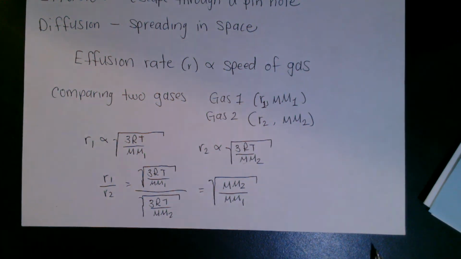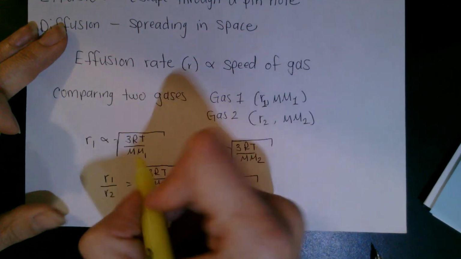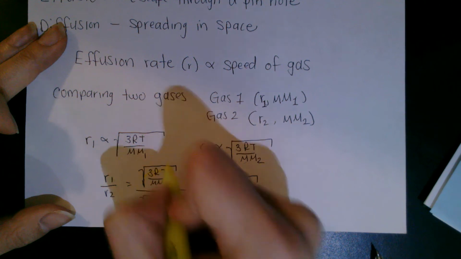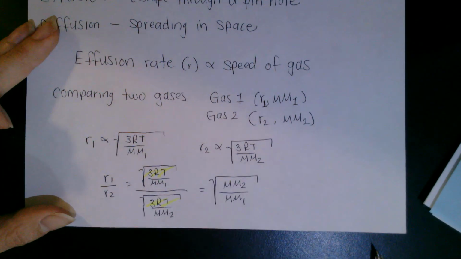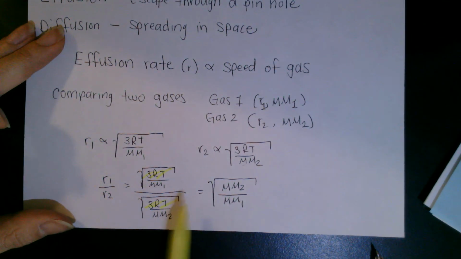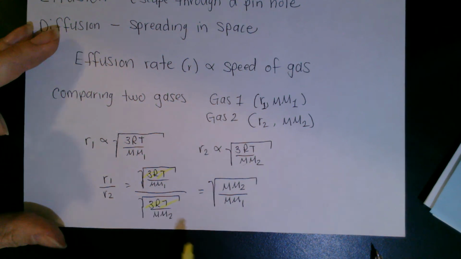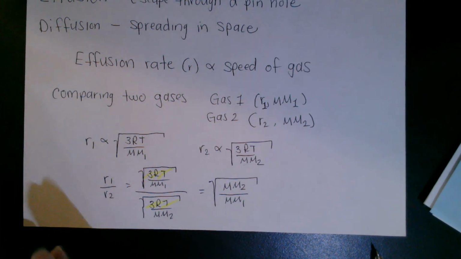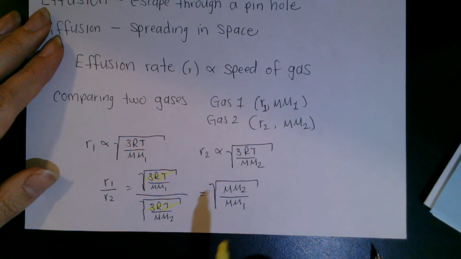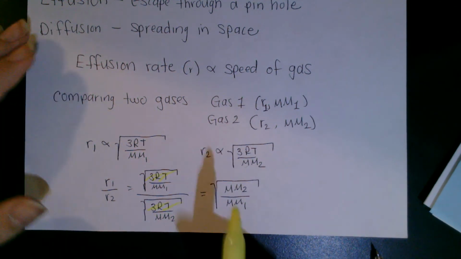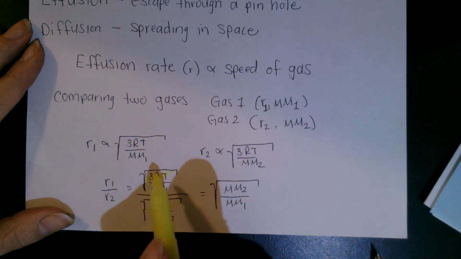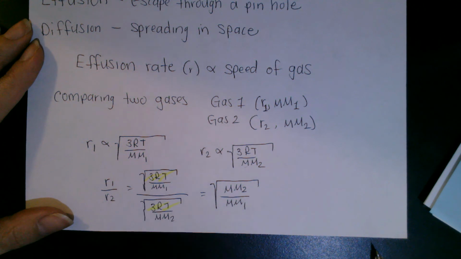If we get all of our constants to cancel, so 3 cancels with 3, R cancels, T cancels, what we're left with is R1 over R2 equals the square root of molar mass 2 over molar mass 1. So you're probably thinking, no, you wrote that wrong, with all the mistakes you've been making recently. But I actually did okay this time, because this would turn into 1 over molar mass 1.